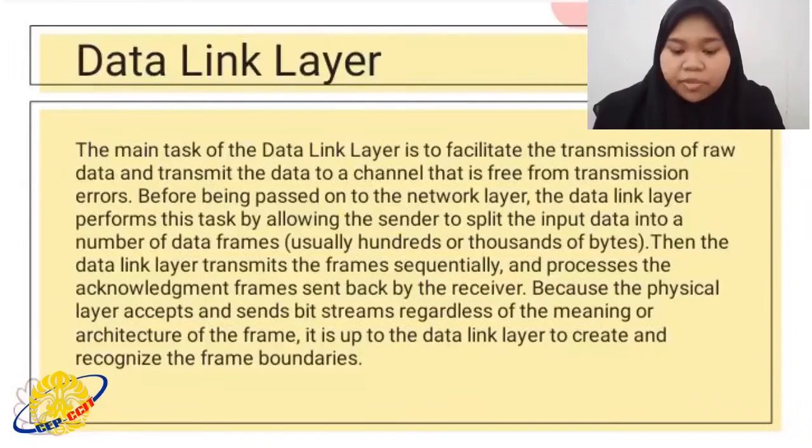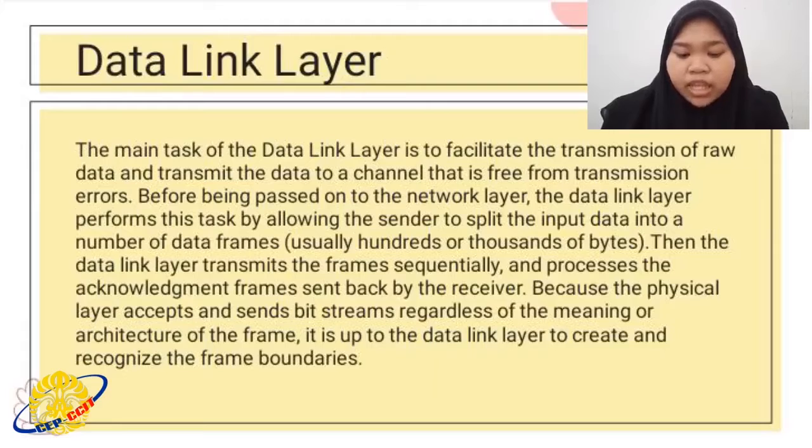Data link layer. The main task of the data link layer is to facilitate the transmission of raw data and transmit the data to a channel that is free from transmission errors. Before being passed to the network layer, the data link layer performs this task by allowing the sender to split the input data into a number of data frames, usually 100 or 1000 bytes.